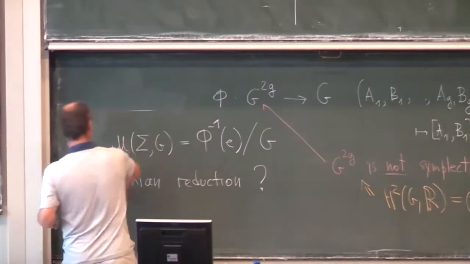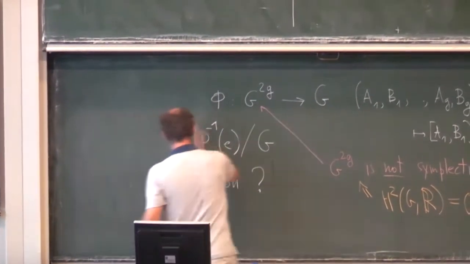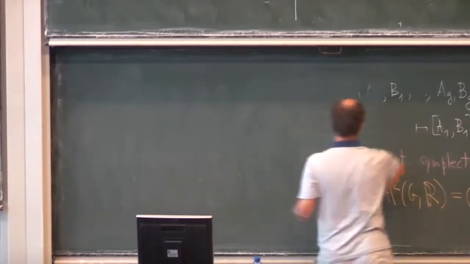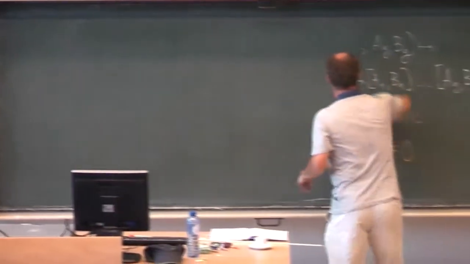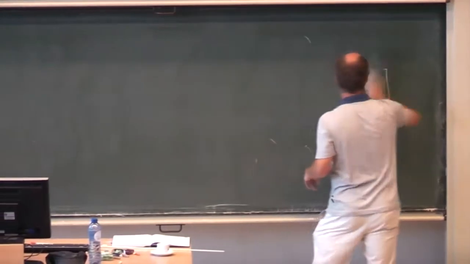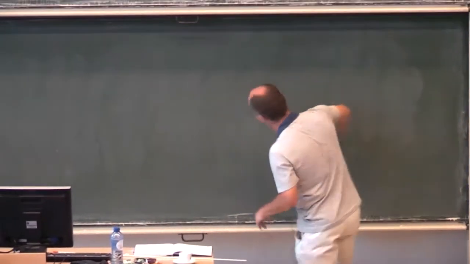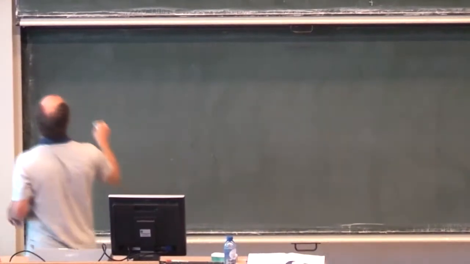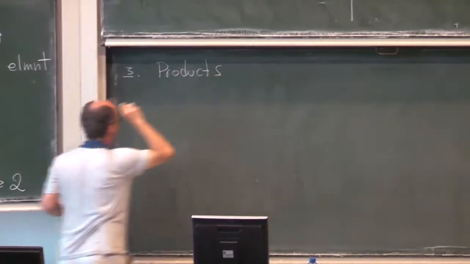Now, remember, in the Hamiltonian context, we had a theory for products. So we could take two Hamiltonian spaces and take a product. Number 3, products.